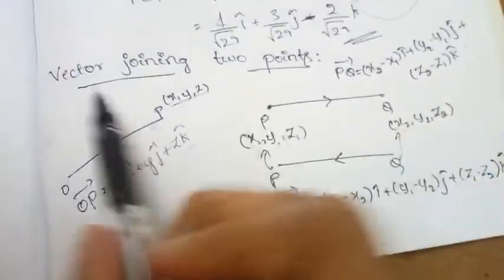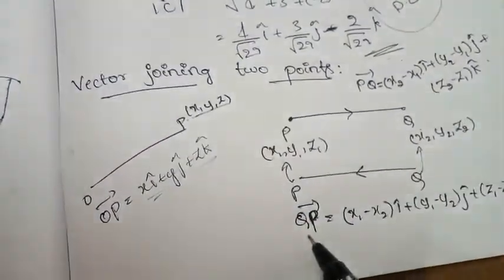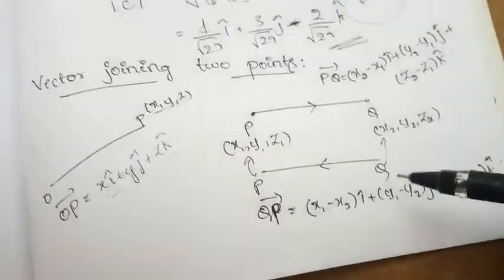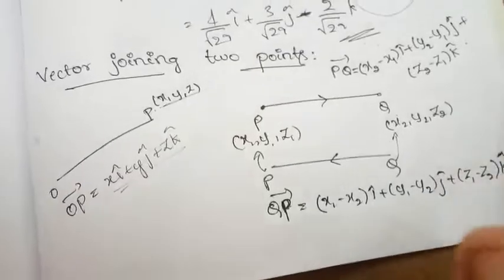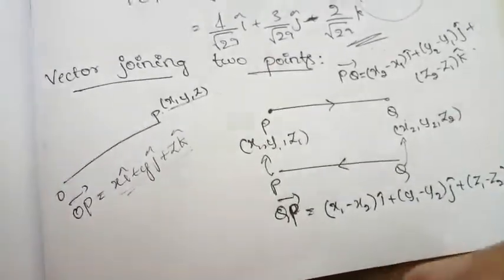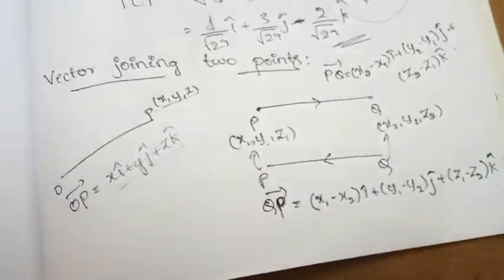This is how we write the component form of the vector joining any 2 given points. This is the basic thing needed to solve any problem.